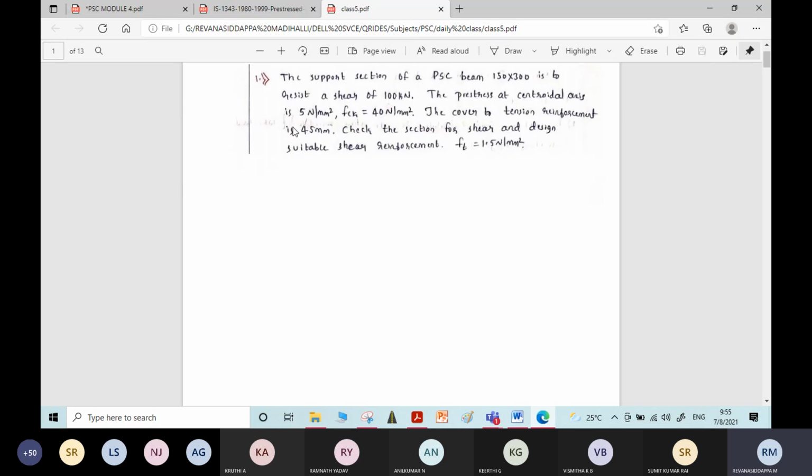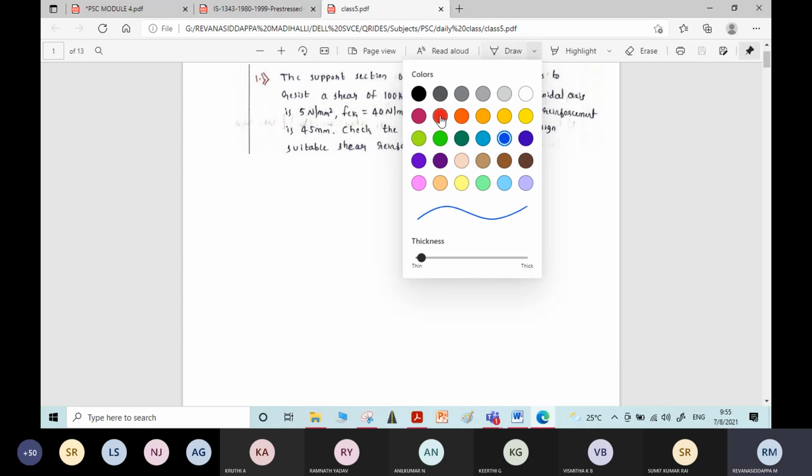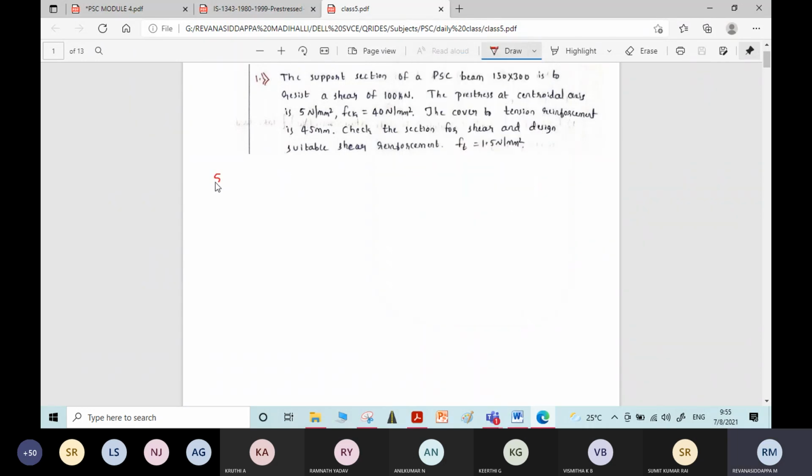Write the cross section of the beam. The cover is given as how much? 45 mm.